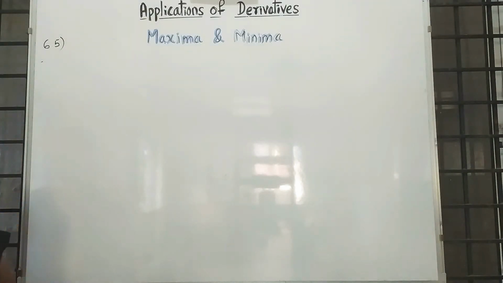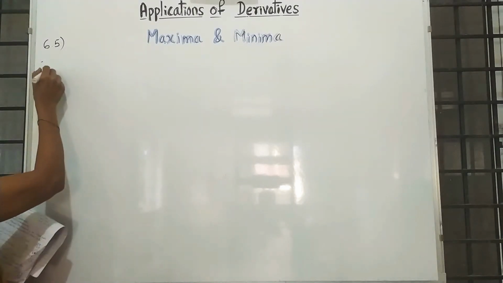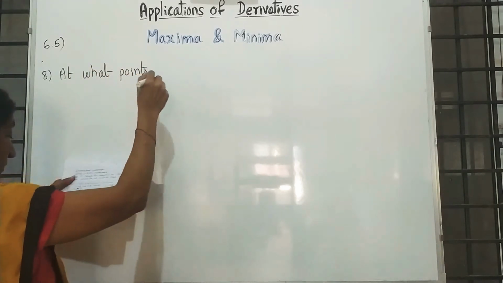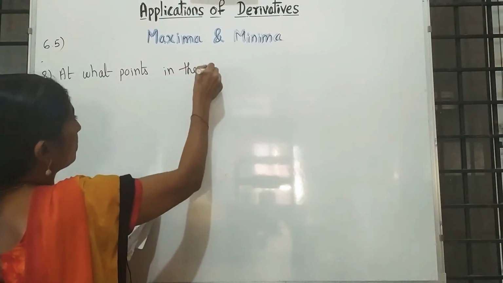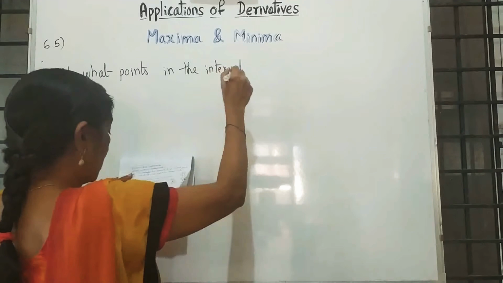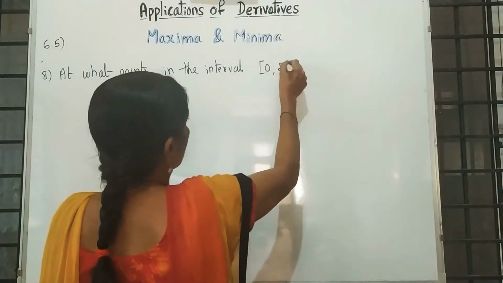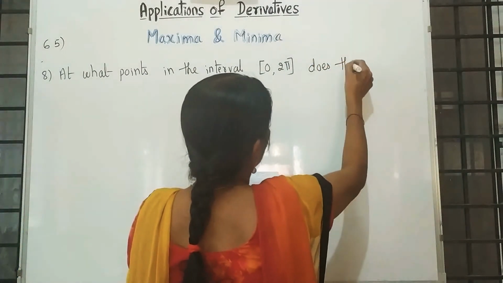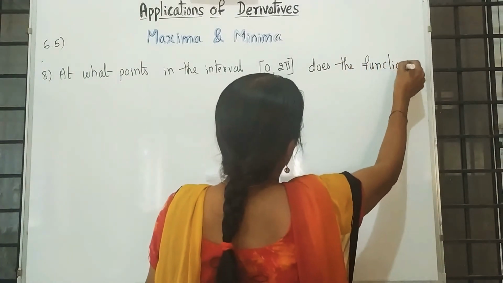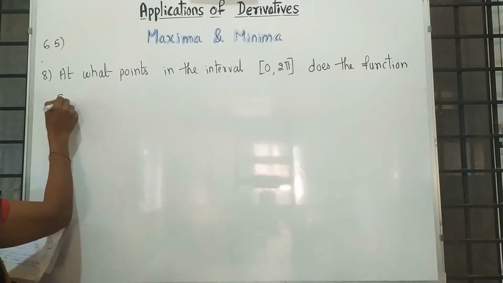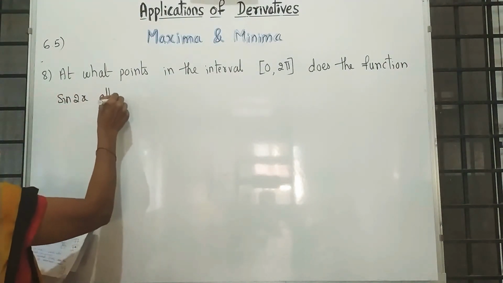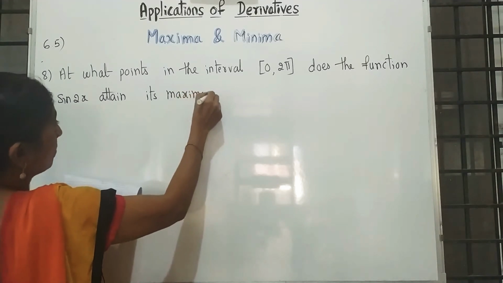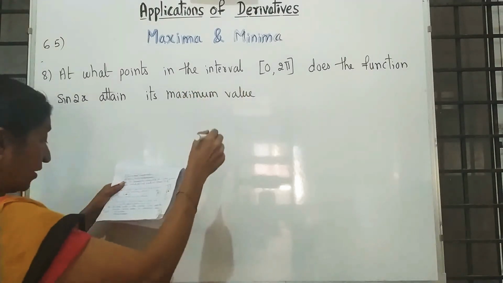At what points in the interval 0 comma 2 pi does the function sin 2x attain its maximum value.